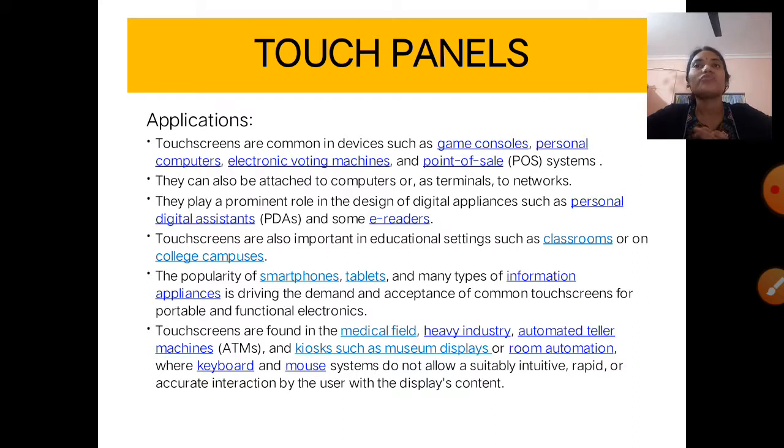Touch screens are found in the medical field, heavy industry, automated teller machines or ATMs, and kiosks such as museum displays and room automation, where keyboard and mouse systems do not allow a suitably intuitive, rapid or accurate interaction by the user with the display's contents. These are the applications of the touch panel or touch screen.